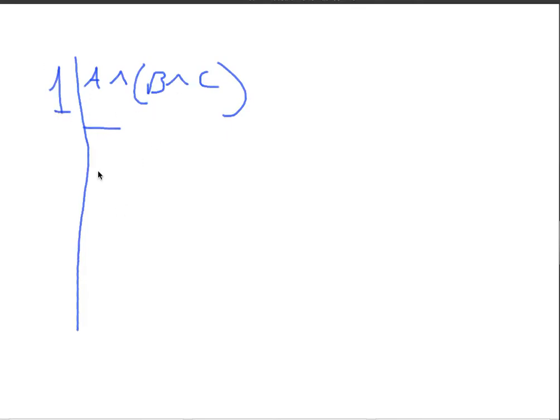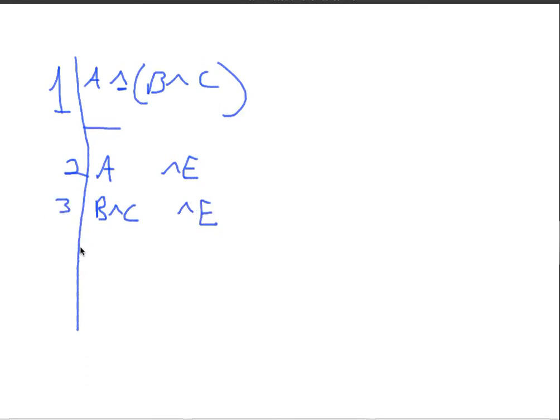Remember this is the main connective here, right? So what we need to do is first break up A, which we'll do by conjunction elimination. Then we need to get the second conjunct out, B and C, which would also be by conjunction elimination.